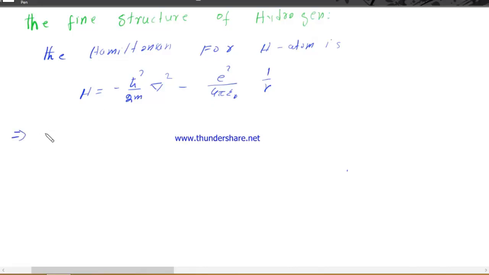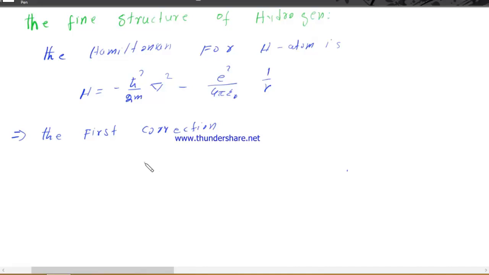The first correction is that for the motion of the proton, the mass is replaced by the reduced mass.